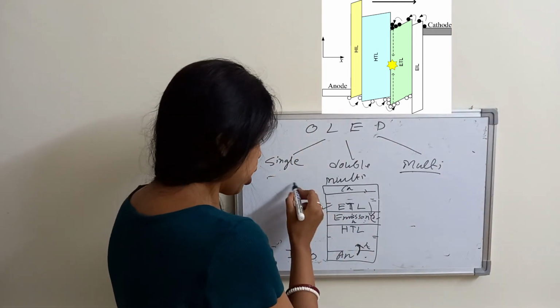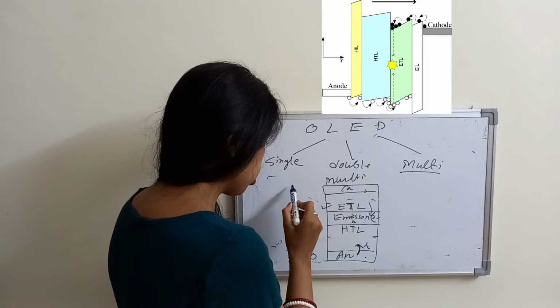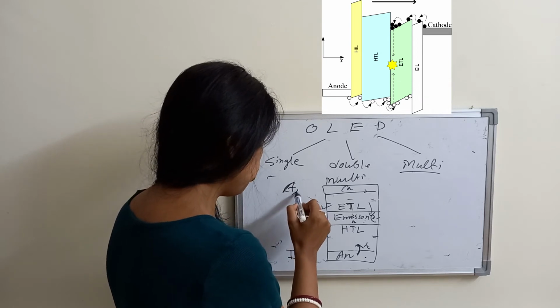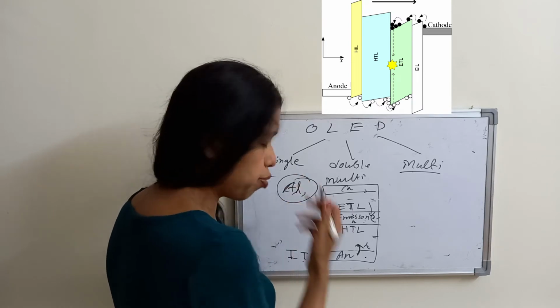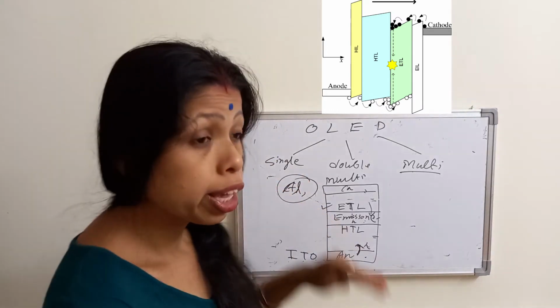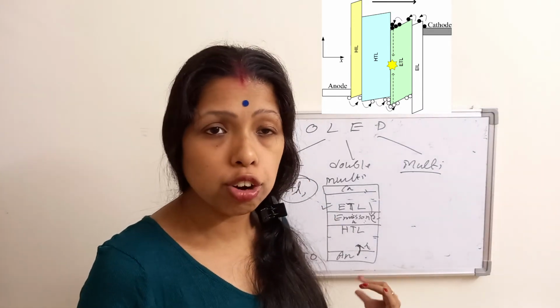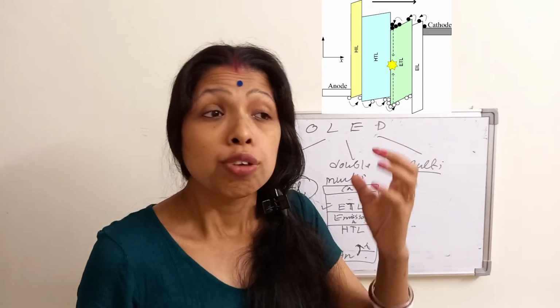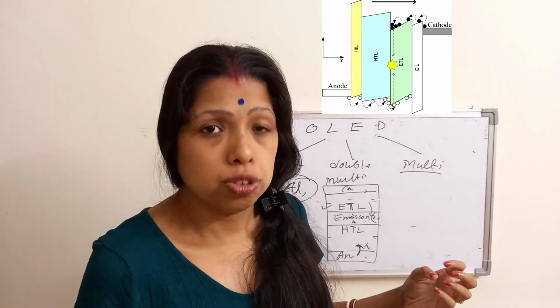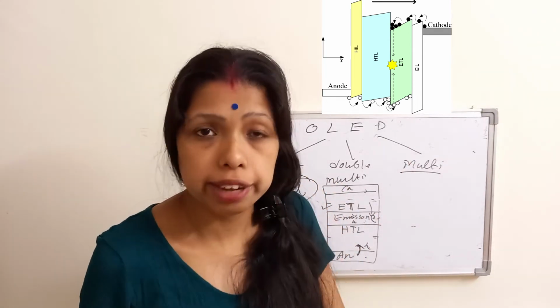Next is the cathode. The cathode should be like aluminum or silver. Aluminum is one of the important ones. The anode should be high work function, and the cathode should be low work function for getting electrons from the cathode to the device.